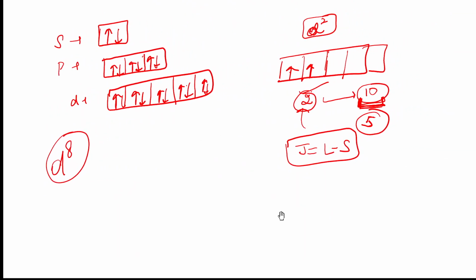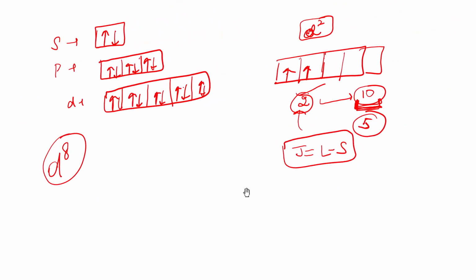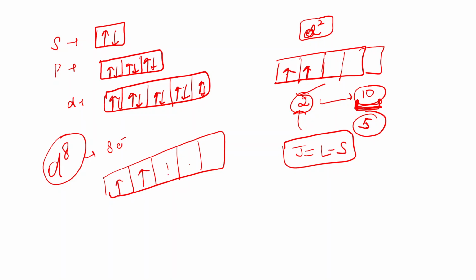How many unpaired electrons? Unpaired will be 2. First you have to occupy singly, then you have to pair up. So basically there will be 2 unpaired electrons.